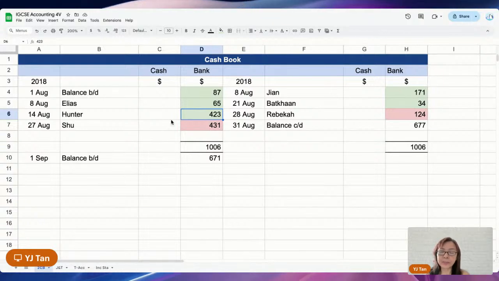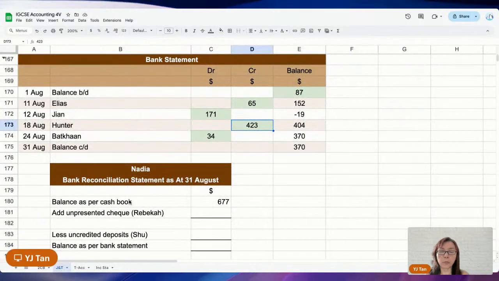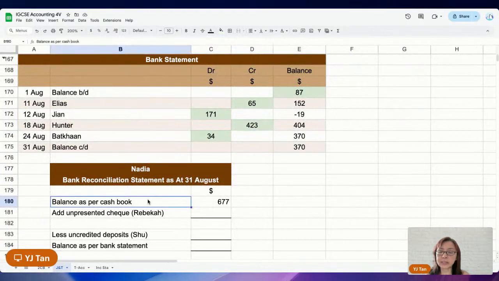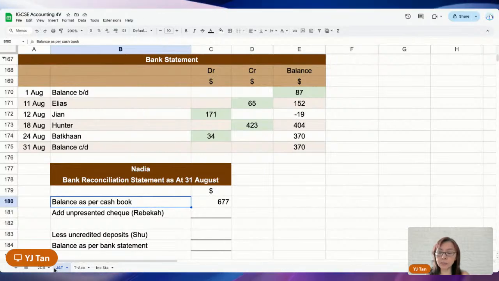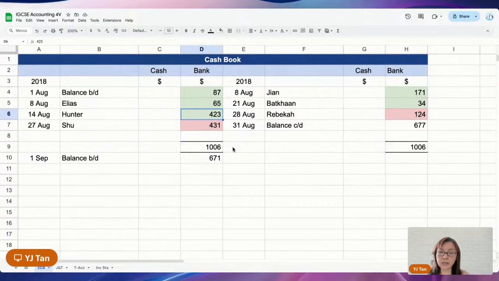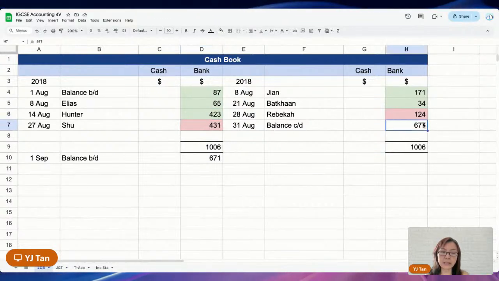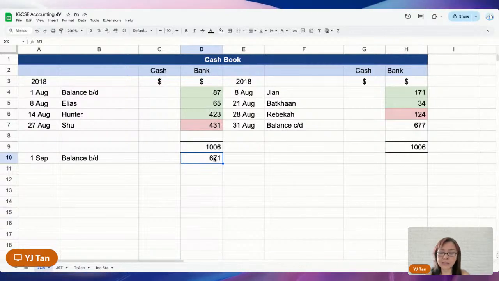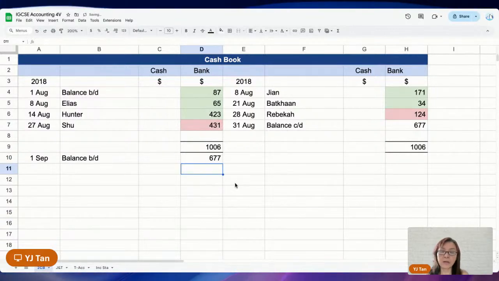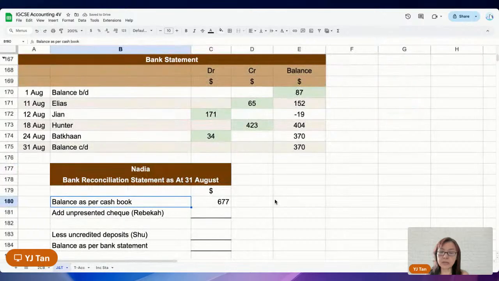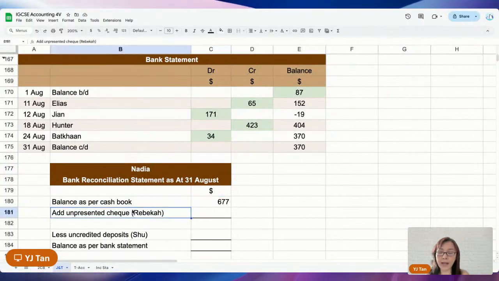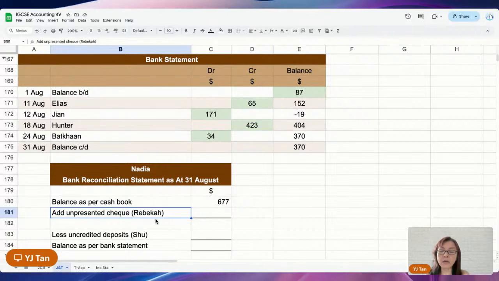As mentioned earlier, we use method 1, where we take the cash book balance. Let's have a look: the cash book balance is 677. Sorry, typo, 677. I already put the amount here. Then we need to add the unpresented check.